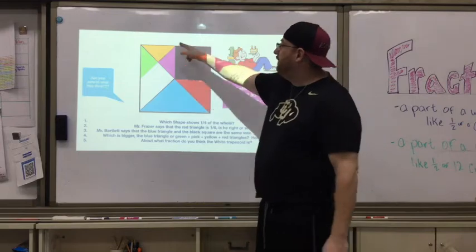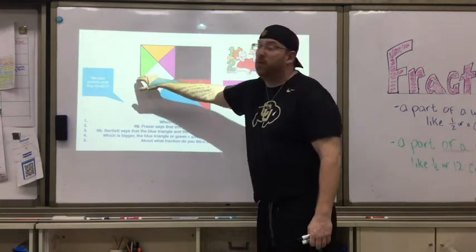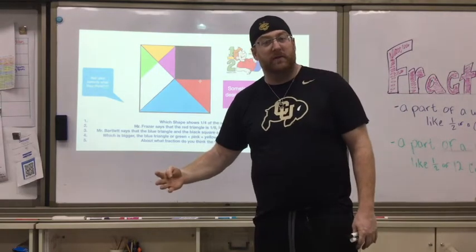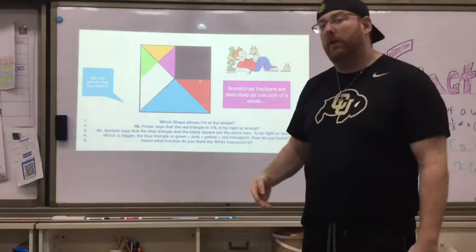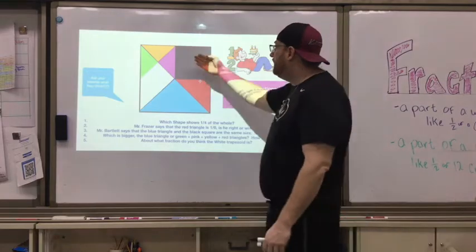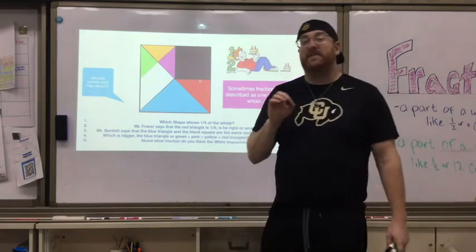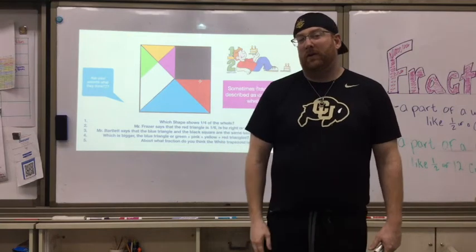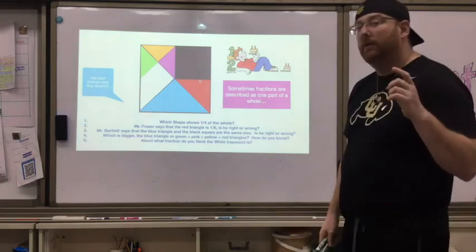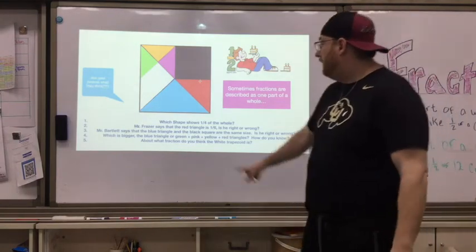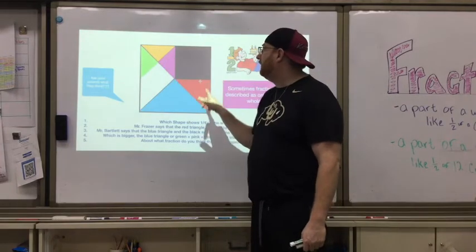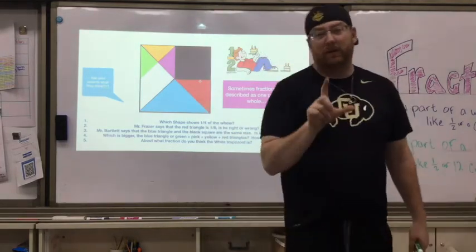If you cut it down the middle, vertically and horizontally, you would get 4 equal squares, which would be 1/4. And as we know, 1/4 and 1/4 of the same whole is equal. Number 4, which is bigger? The blue triangle or green, pink, yellow, and red triangle put together?